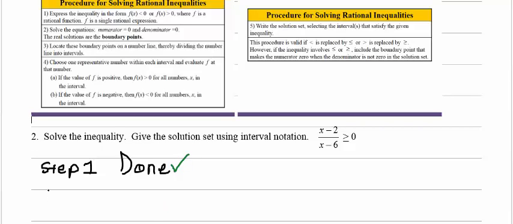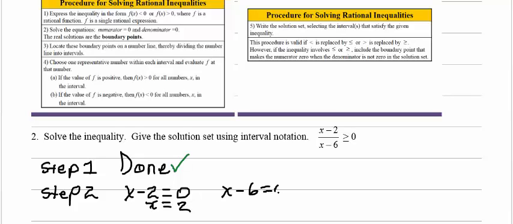Now in step 2, we're going to solve the equations that result when I set the numerator equal to 0. That means x is 2, and the denominator equal to 0. In this case, that means x will be 6. Remember, these are my boundary points.